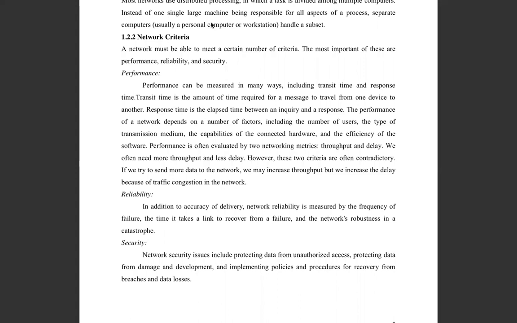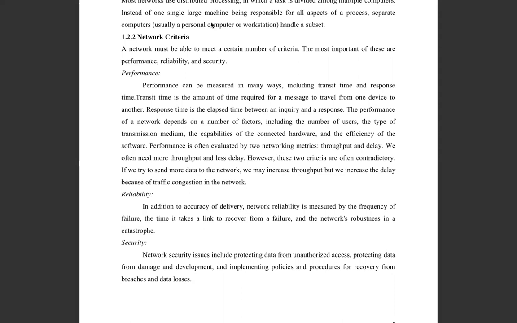Now, the capabilities of the connected hardware. Maybe the devices you've used in your connectivity have very slow RAM or slow speed, low RAM, low hard disk, therefore making computing very slow. It also affects the performance of your network.